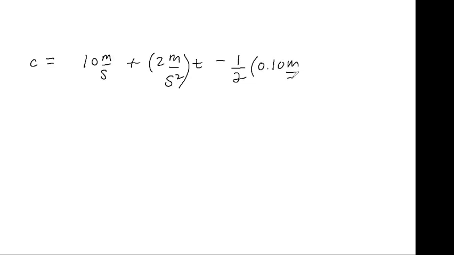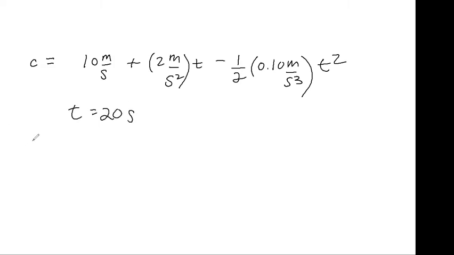If I want to know the value of that velocity at 20 seconds, that maximum value, I'll use that velocity function that we derived, which was 10 meters per second plus 2 meters per second squared times t minus 1/2 times 0.10 meters per second cubed times t squared, using my value that I obtained for t equals 20 seconds.